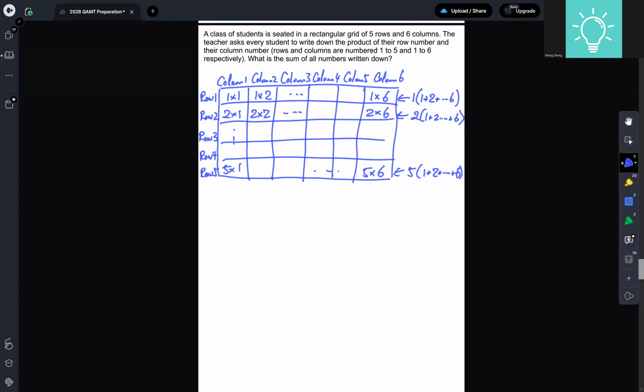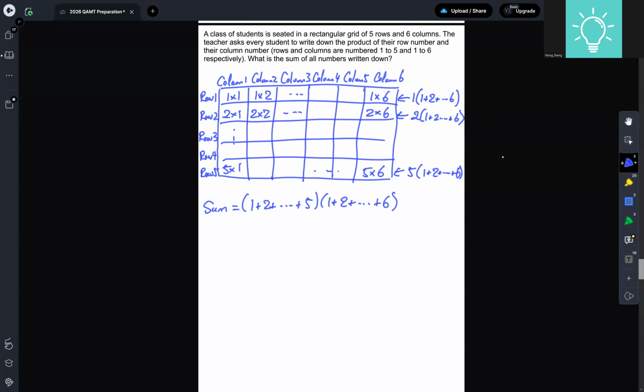And now when we add all of these together, I can actually factorize out this 1 plus 2 up to 6 on the right-hand side, and on the left, I get that. So the sum is equal to that.